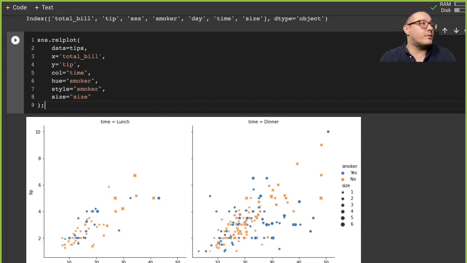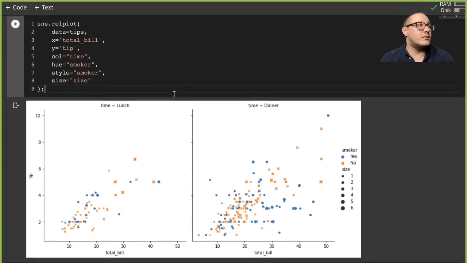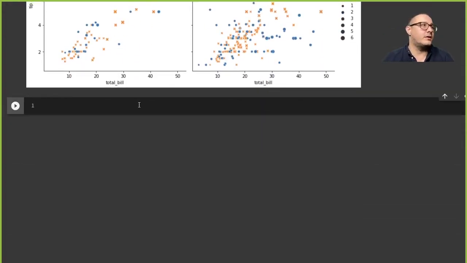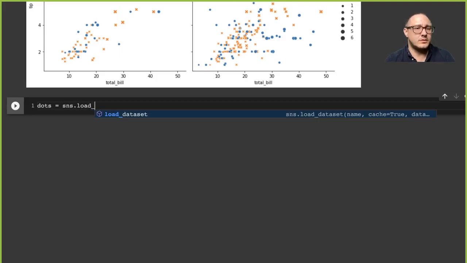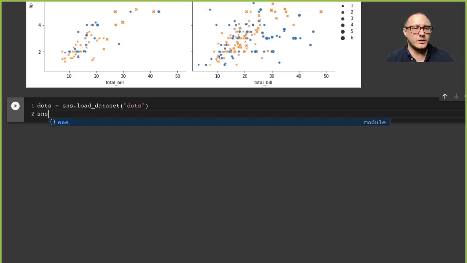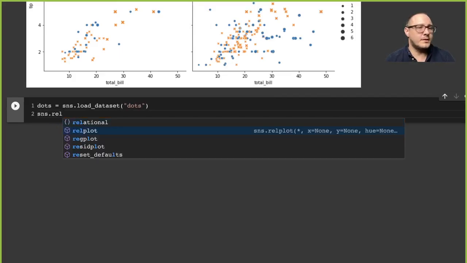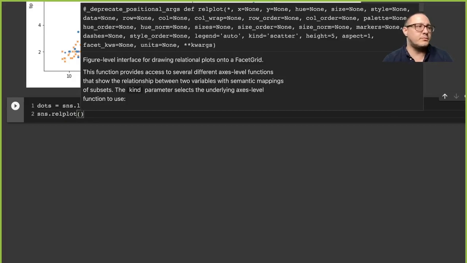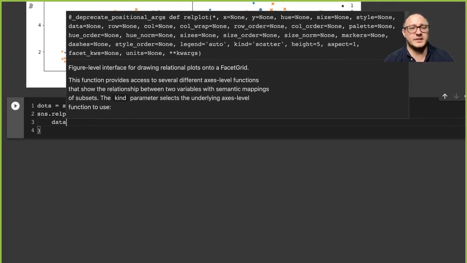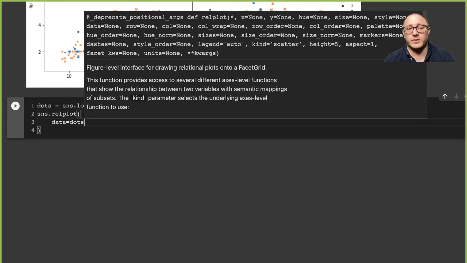So I'm going to grab another data set here, the dots data set, and we'll do another rel plot. I like using the relational plots a lot because we want to see the relationship between our data.